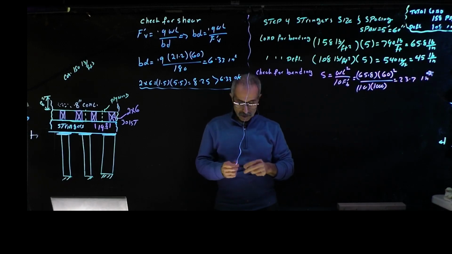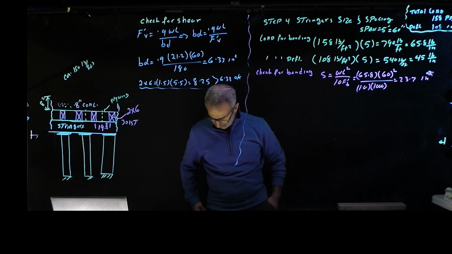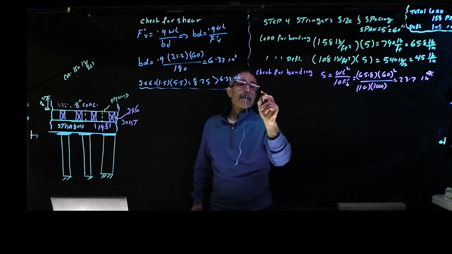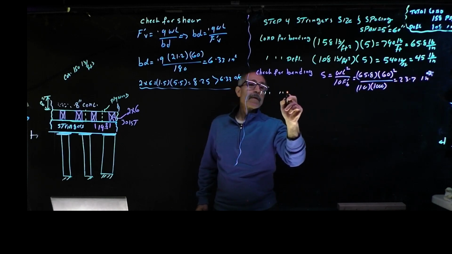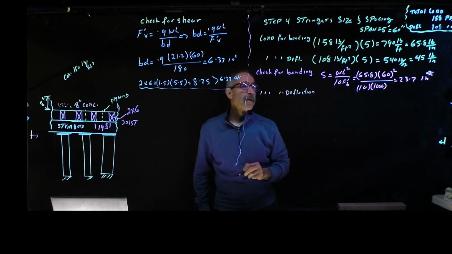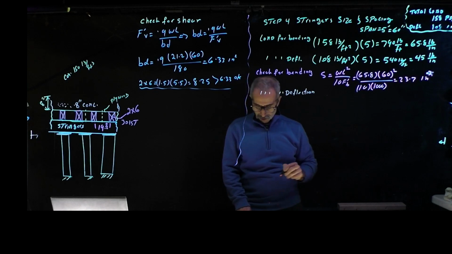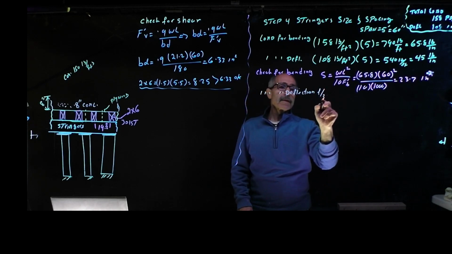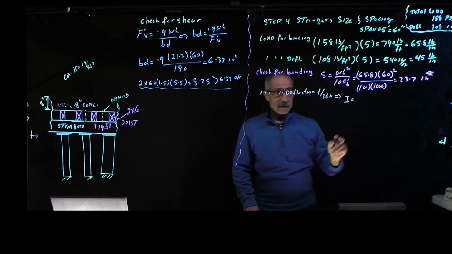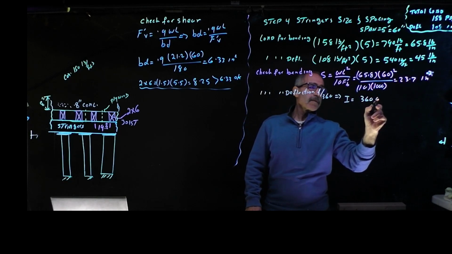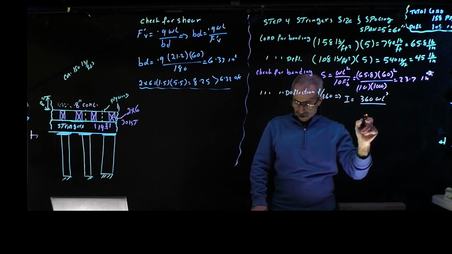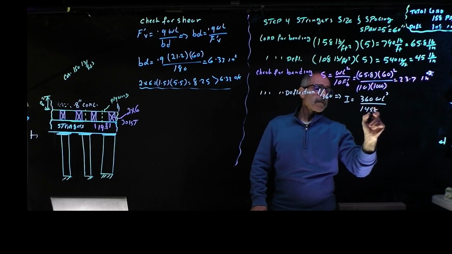Let's go ahead and check for deflection now. For deflection, we're going to use L over 360. The moment of inertia is equal to 360 WL cubed divided by 145 E prime.